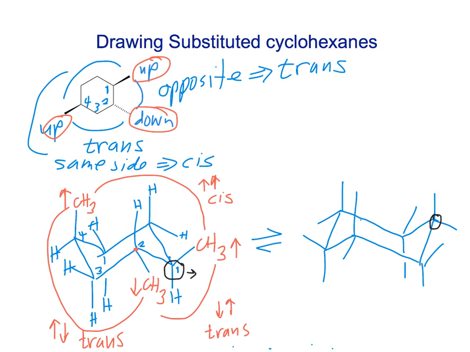The methyl group on that position was pointing up, so it's going to remain up in our new chair conformation. So this is going up. So position 2, this was 1, so this is 2, 3, 4. Our methyl group at position 2 was down, so it remains down.